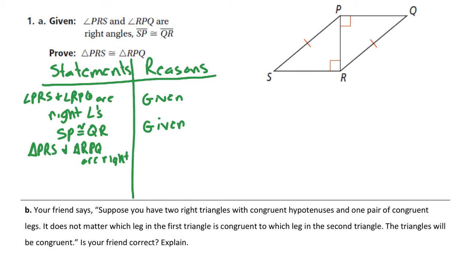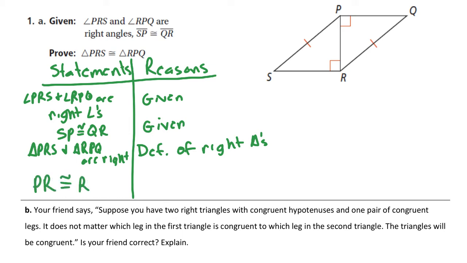They are right triangles, and that is because of the definition of right triangles. That definition says if a triangle has one right angle, then it's a right triangle. So that's important because that's part of the criteria for HL, for hypotenuse leg, to prove these are congruent by hypotenuse leg.